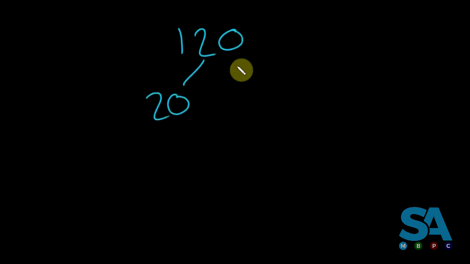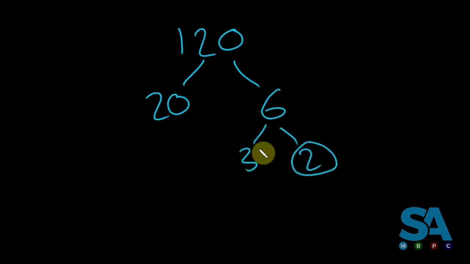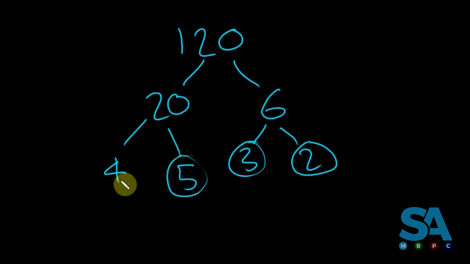If we had 120, we could split that into 20 and 6. 6 can break down into 3 and 2. These are prime. 20 can break down into 4 and 5. 5 is prime. And then 4 can break down into 2 and 2.